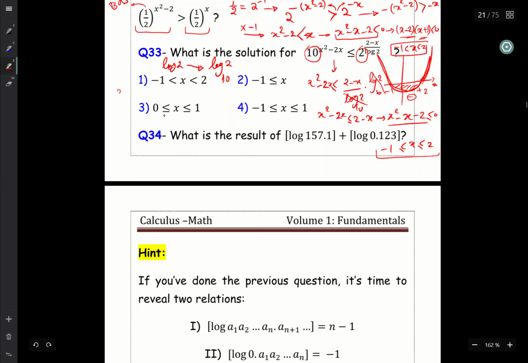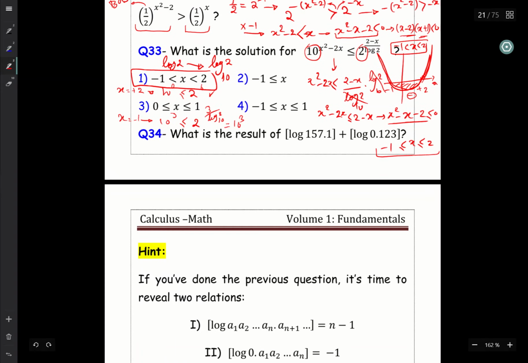So if x is plus 2, then we get 10 to the 0 less than or equal to 2 to the 0, which is true. If x is -1, we get 10 to the 3 is less than or equal to 3 over log of 2 in base 10, which is 10 to the 3. So yeah, I think the equalities have been missed, but the correct solution is number 1.